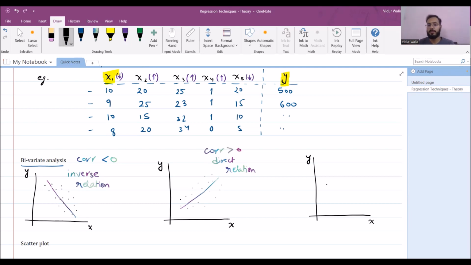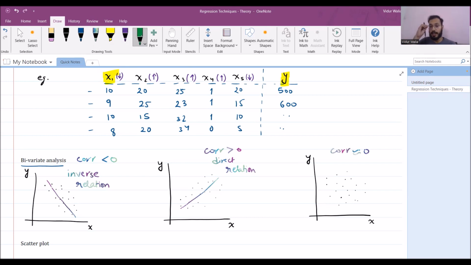And suppose the data does not seem to be affected. The y values do not seem to be affected with x. Then we can say that the correlation is almost zero, right?